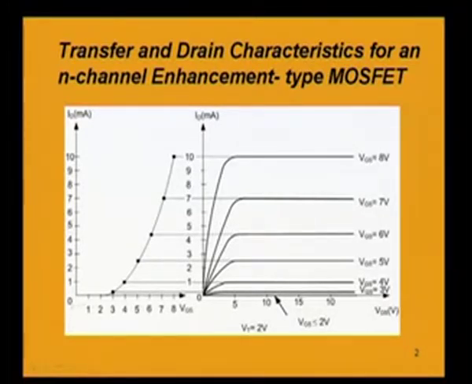So in the VGS axis, the gate to source voltage, 1, 2, 3 etc. up to 8 we are marking, this is volt, and in the ID axis, the current axis, we are having the corresponding order of the drain current, which is 1 up to 10 say. So this voltage and current axis are plotted and marked accordingly.